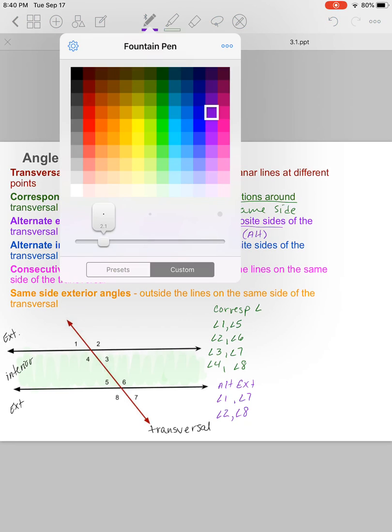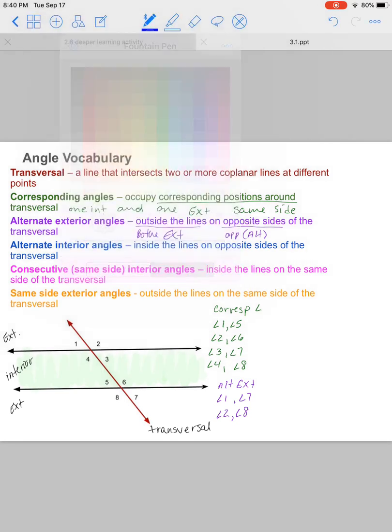Next we have alternate interior angles. These are inside the lines and on opposite sides. So they are both interior and they are on opposite or alternate sides of the transversal.